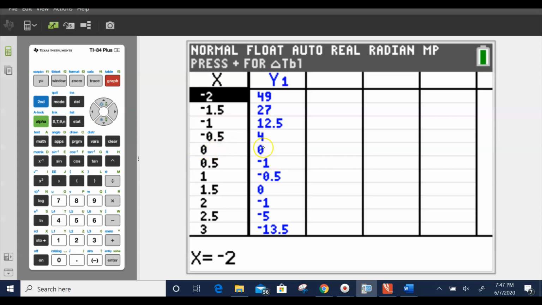Here is my x-intercept. I have a sign change. Notice over here, x-intercepts, I have sign changes. When your sign changes from positive to negative on the y value, then that means you have an x-intercept. That means you have crossed the x-axis. That's what the intermediate value theorem says.